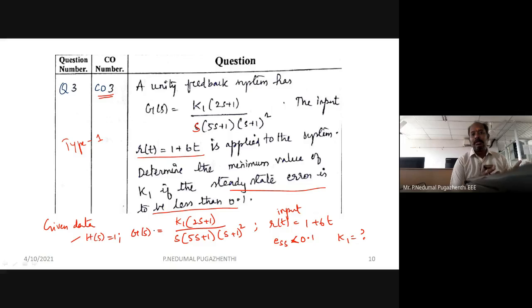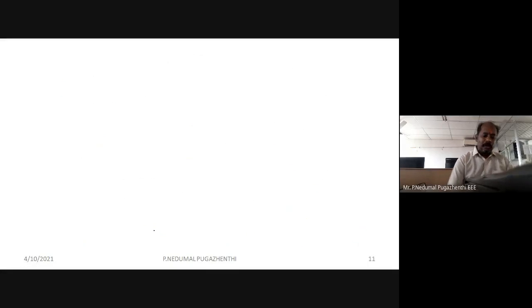That's it. Okay. So let us try to solve this problem. Since it is the next page, I will write my transfer function first. The transfer function is provided as G(s) = K1(2s + 1) / (s(5s + 1)(s + 1)^2).